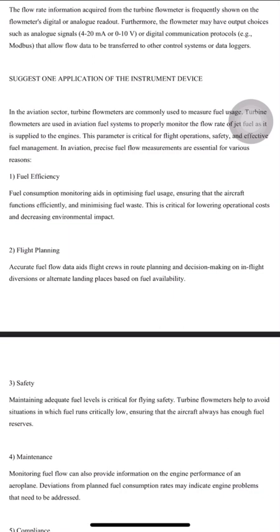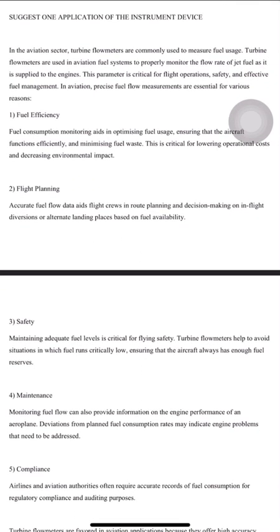And the second main point is to suggest one application of the instrument device. From the question, we can answer that in the aviation sector, turbine flowmeters are commonly used to measure fuel usage.